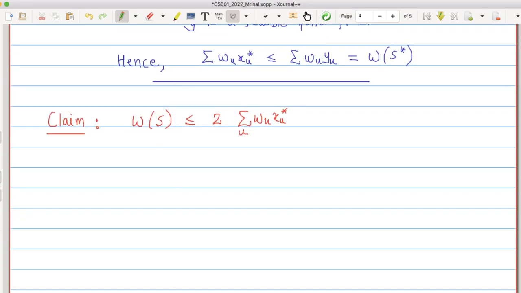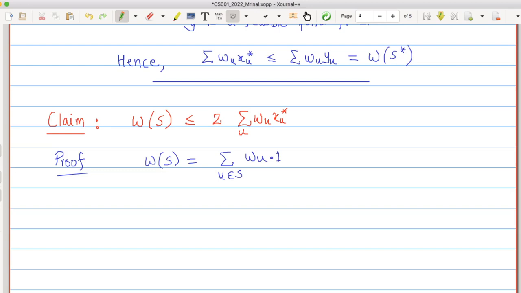So let's try to write that formally. The weight of set S is simply the sum over all vertices u in the set S of the weight w_u. Now we can simply multiply by 1 here, and what we know is whenever u is in S, x_u star is at least half.